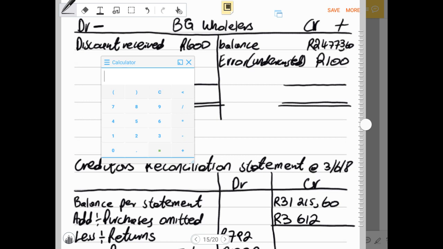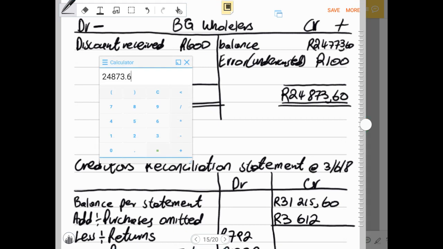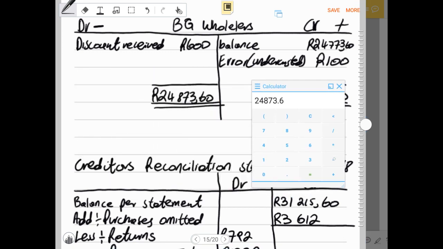The bigger side is normally likely to be the credit side: 24,773.60 plus 100 gives us 24,873.60, minus 600.